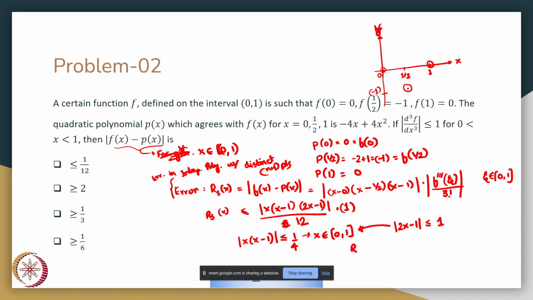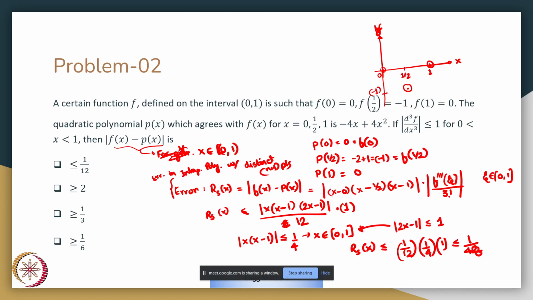With this in mind, you have a residue which turns out to be modulo of 1 by 12 into 1 by 4 into 1. So this whole thing will always be less than 1 by 48, sorry.